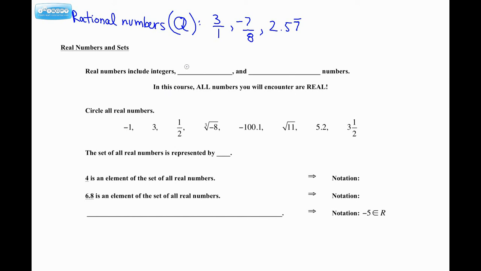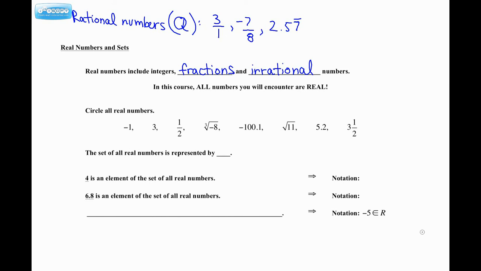Okay, they include fractions, or rational numbers. But they also include numbers that are called irrational. So we have irrational numbers. What's an irrational number? Well, an irrational number is a number that does not fit into this category. So it's not an integer, but it also cannot be written as a fraction.